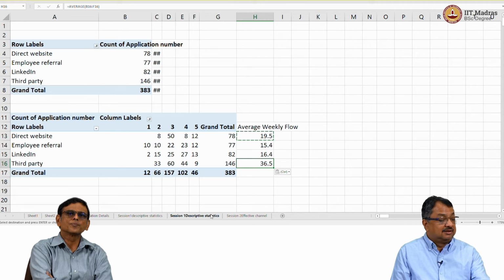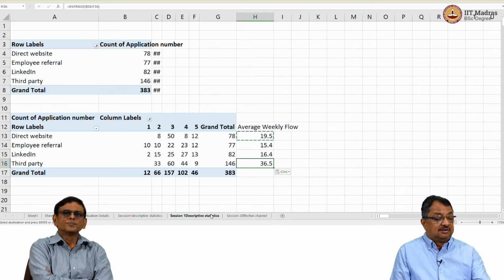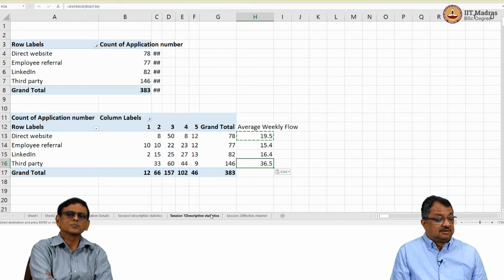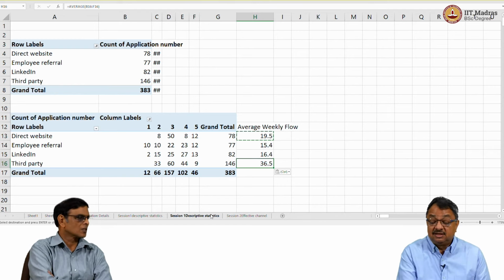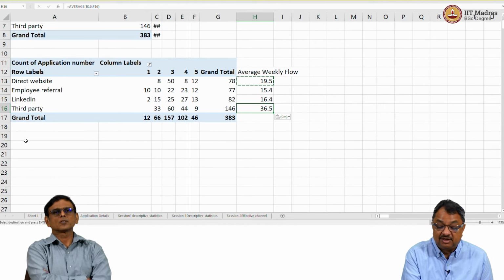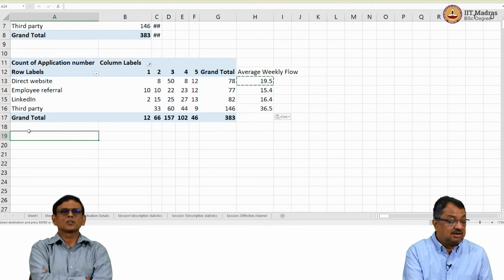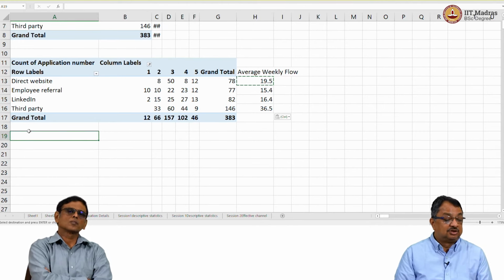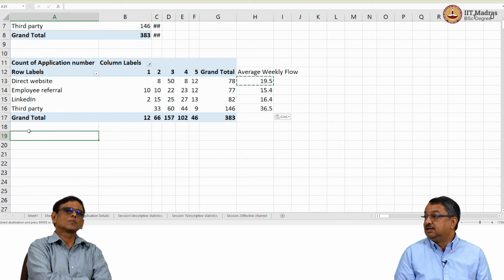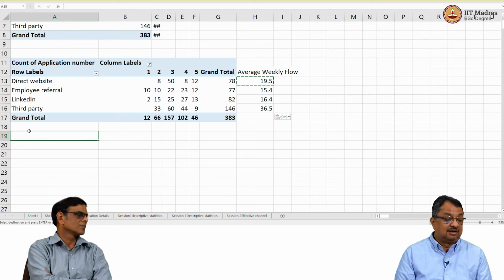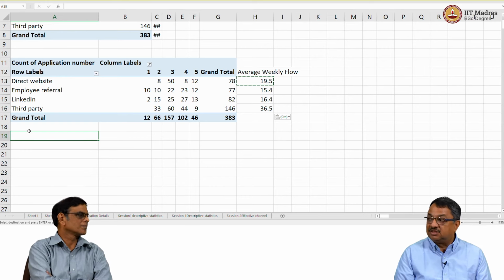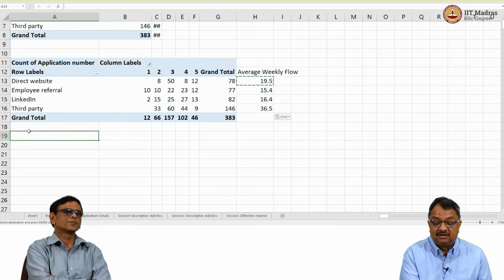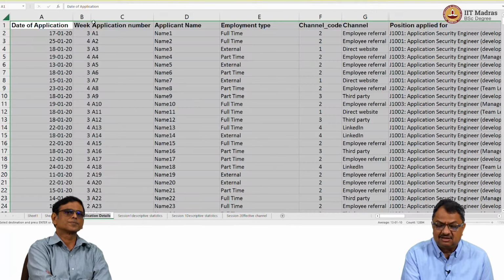Okay. Then what else can we look at? The other thing that we had looked at, and we will need to show Varsha, is how many applications were shortlisted channel-wise versus how many applications we received in the channel.